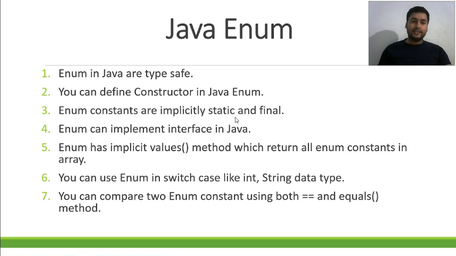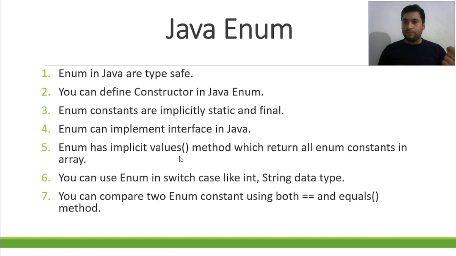We have already discussed that an enum can implement an interface in Java, that is also possible. Enum has an implicit method, which is very important, which is values. Implicit means, if you talk about an array, it has a length variable which is implicit.